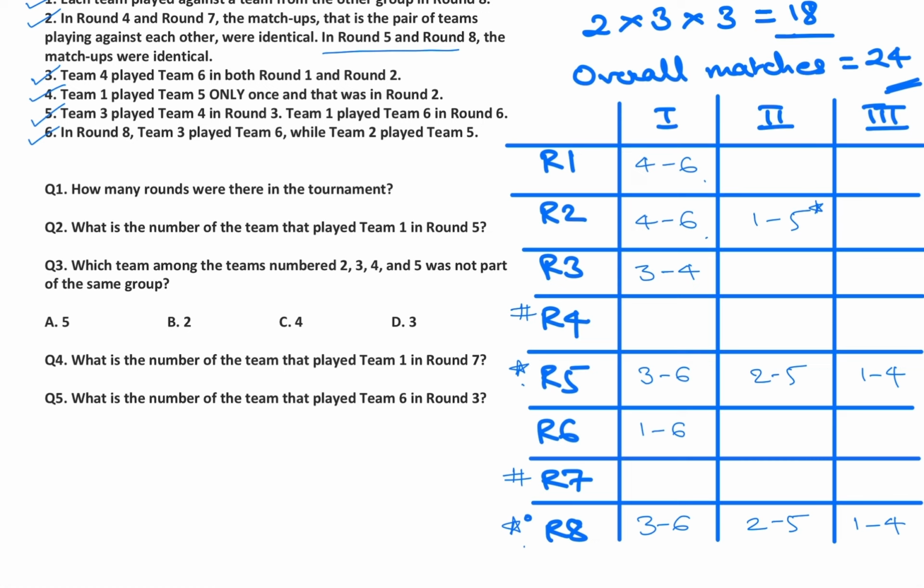So this will be 5 playing against 3, which means the second game of round 1 will be played by team 1 and team 2. Okay. So team 1 and team 2, I had 2 games. I am left with just 1 game. Team 3 and team 5, I had 2 games. Now I am left with 1 game. Okay.